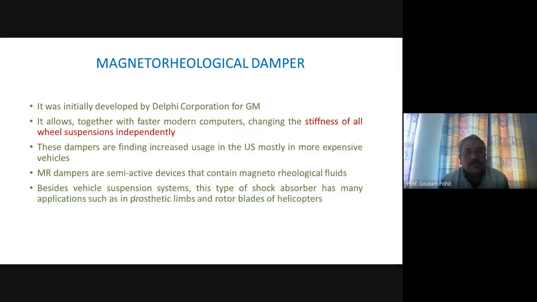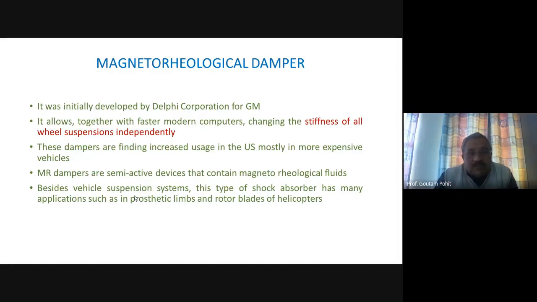This is because the roughness coming to each wheel will be different, even on a very smooth road. These dampers are finding increased use in the US, mostly in more expensive vehicles. MR dampers are semi-active devices that contain magnetorheological fluids.